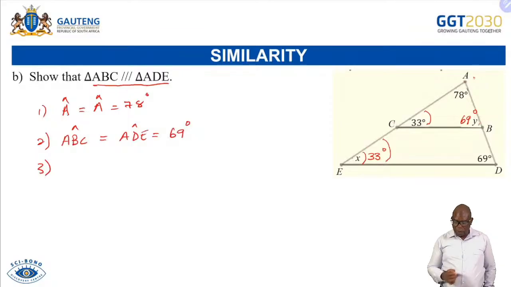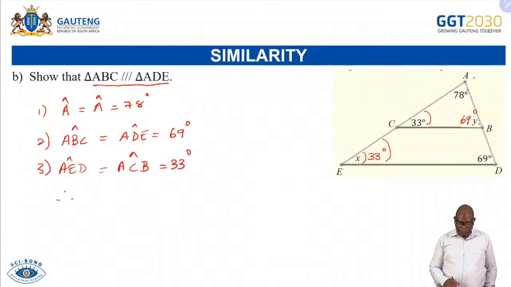And obviously, the third one is obvious. Angle AED equals angle ACB. And they're both equal to 33 degrees.